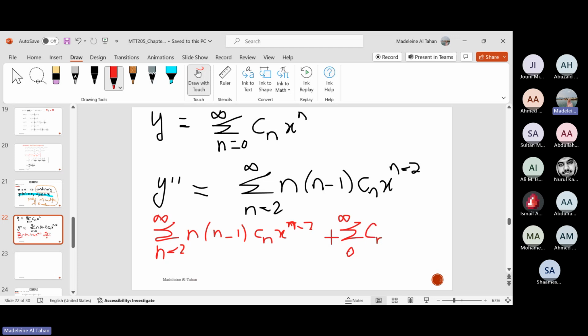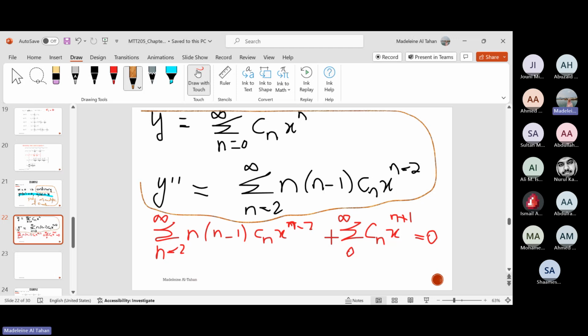Xy means Cn times x times xⁿ, so xⁿ⁺¹, equal to 0. So here, what did we make? We substituted in the ODE and we got this one. Is it clear, miss?